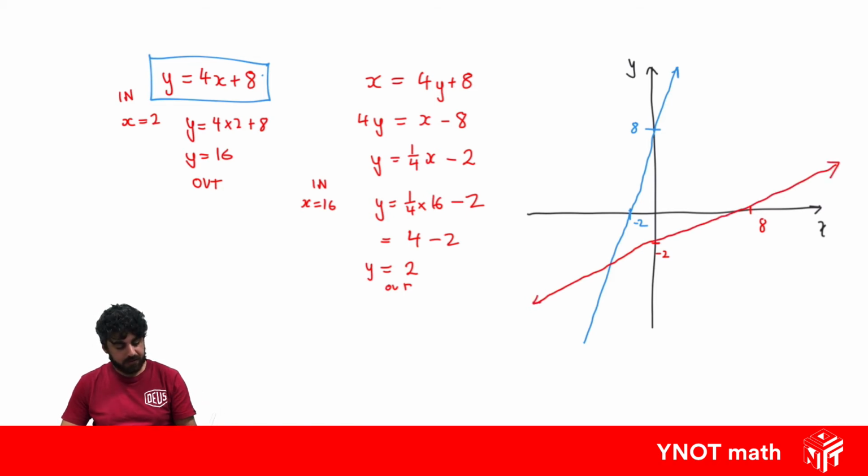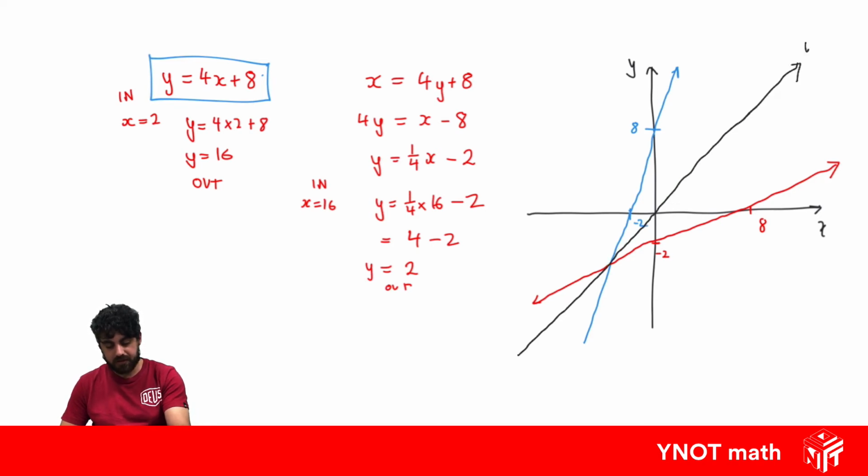And what's happened is that y values have become x values and x values have become y values. And the geometrical significance is that these two functions are both symmetrical about the line y equals x.